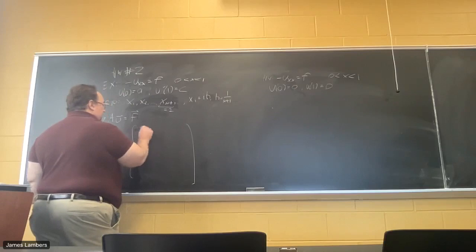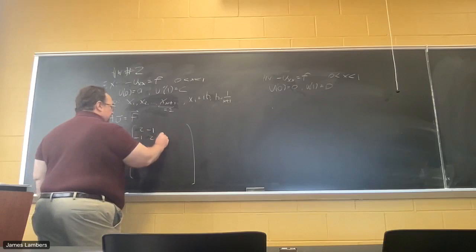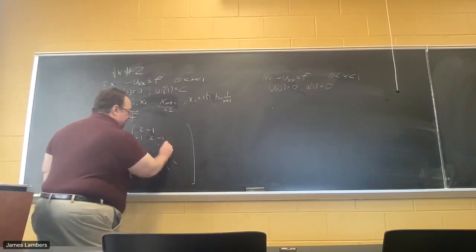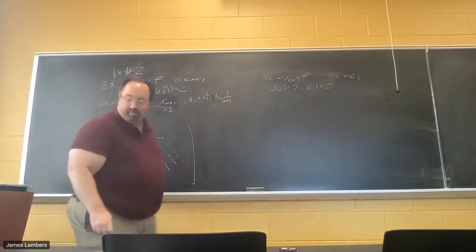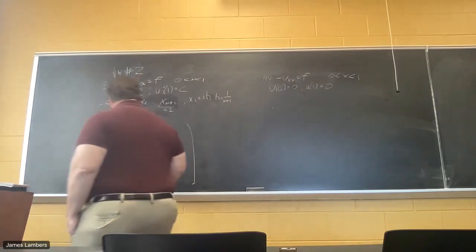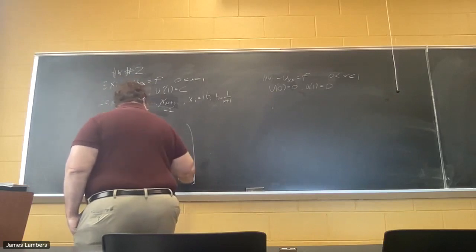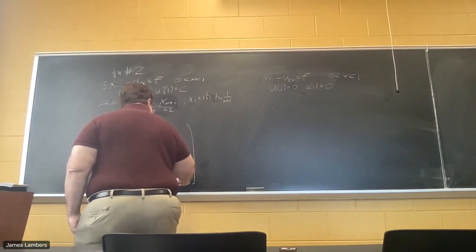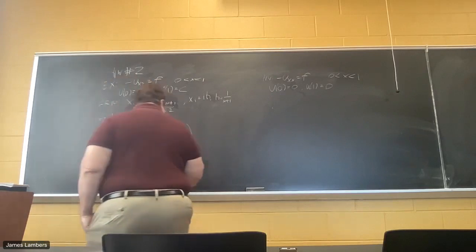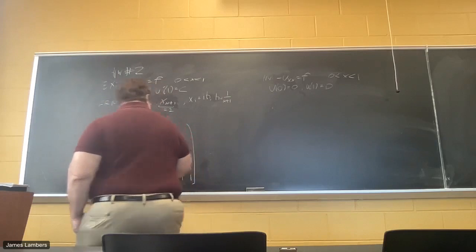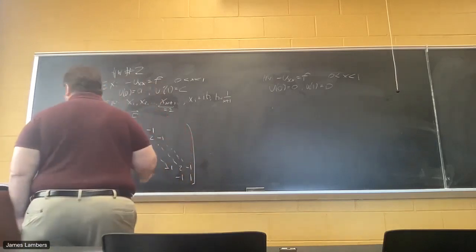Oh, wait. Negative was on two. Yeah, and it's minus u_xx. So the stencil is minus one, two, minus one. And the final matrix we wound up with had minus one and one in the last row, and that's because of the Neumann boundary condition.